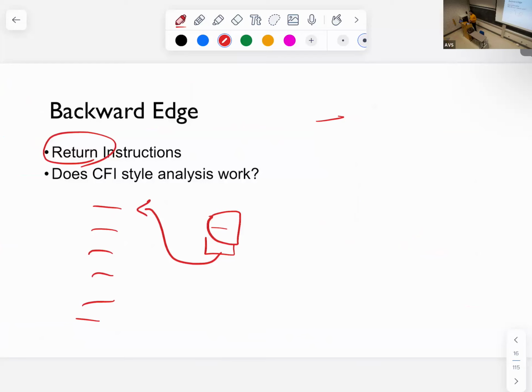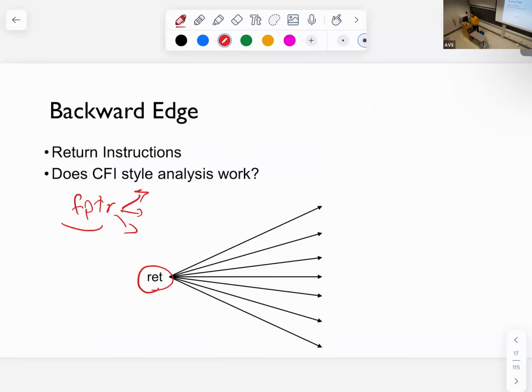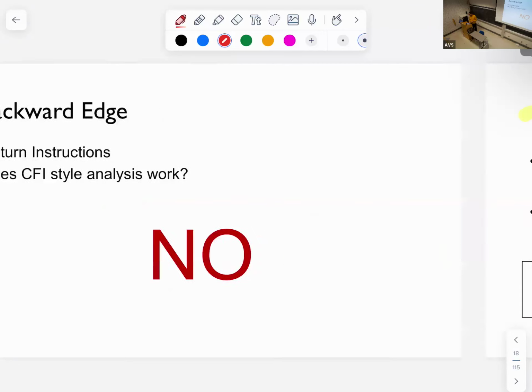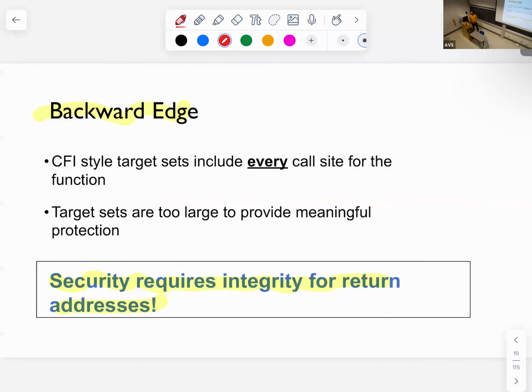Then we started talking about backward edges, and this is where we talked about the issue of return. The first thing we said is that some sort of CFI wouldn't work. The reason is that there are many possible targets for a return, and as a result, you cannot really apply any sort of CFI. Instead, you should check the integrity of the return address.